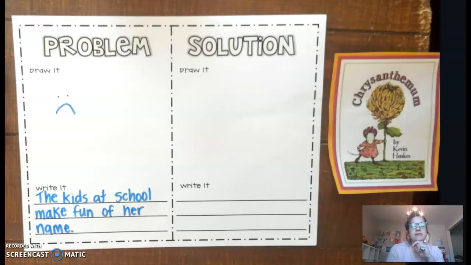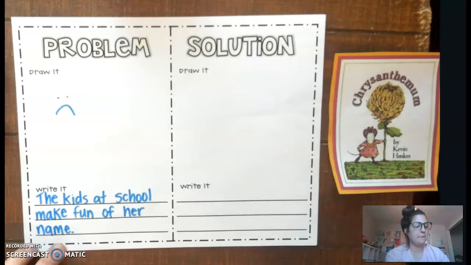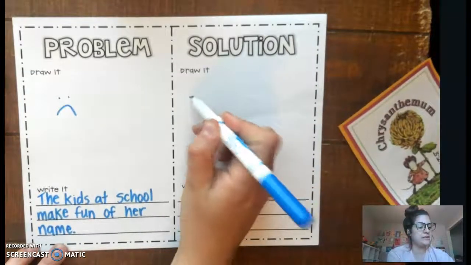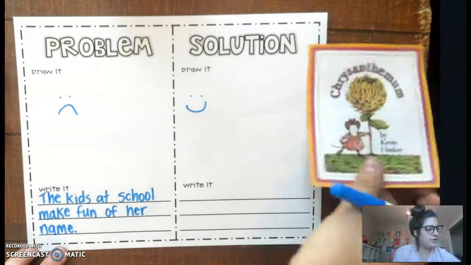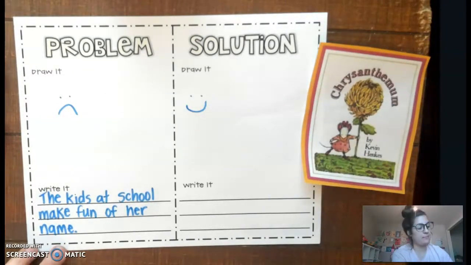I'm going to give you a second to think about that. Okay, so we have our solution. You're going to draw a picture of it. Happy face. Her problem is solved. You would draw your character solving her problem, and then write about it.